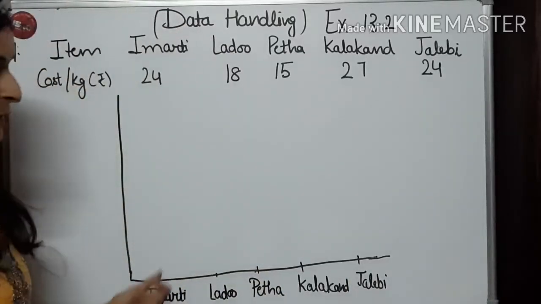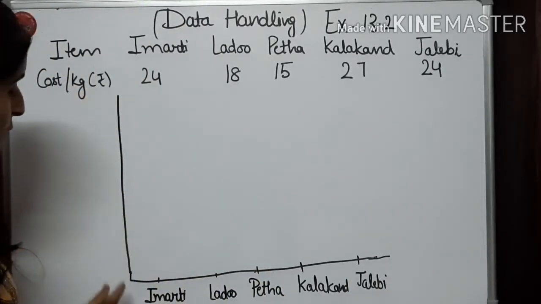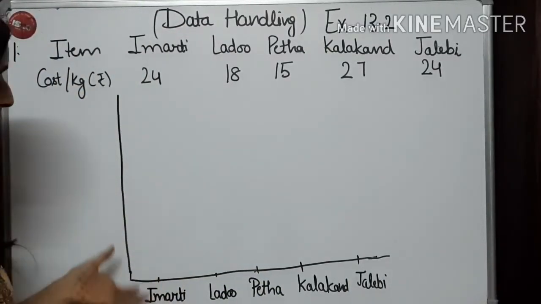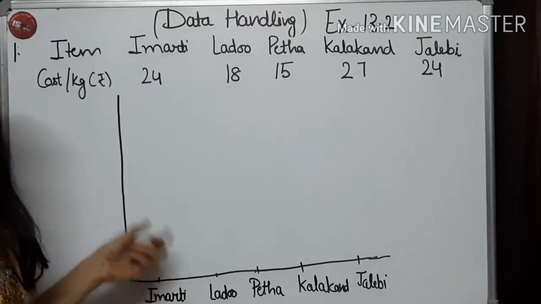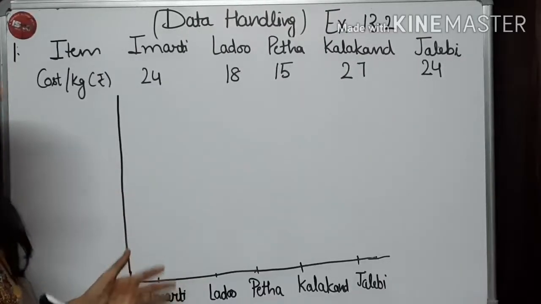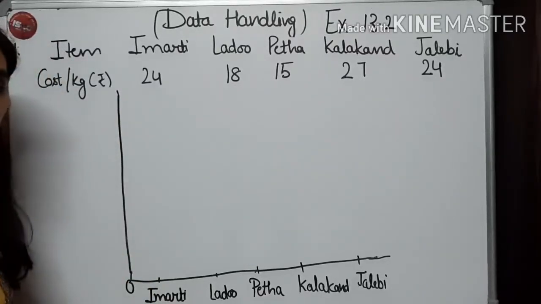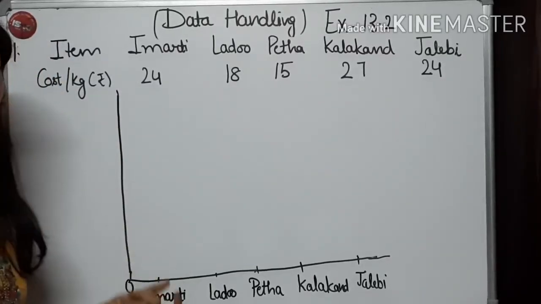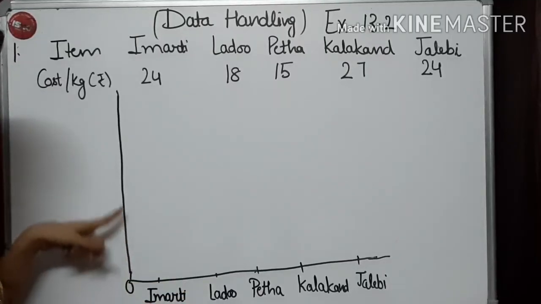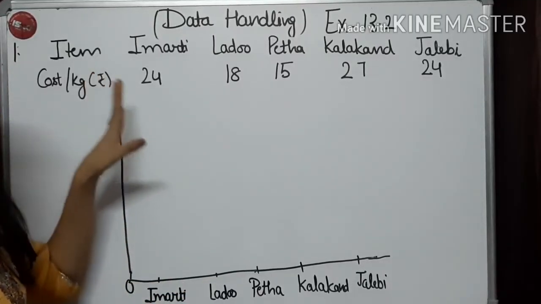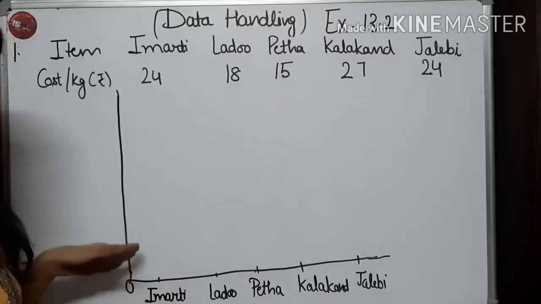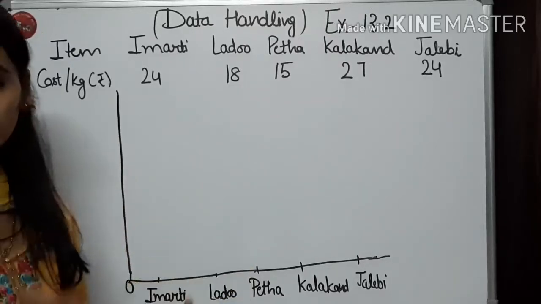Right? After that we have to mark some points. We have to take gaps of equal width. Equal width means how will we take? We will start from 0. And after that you can take 0, 10, 20, 30, 40. When you write 0, 10, 20, there is a gap of 10.